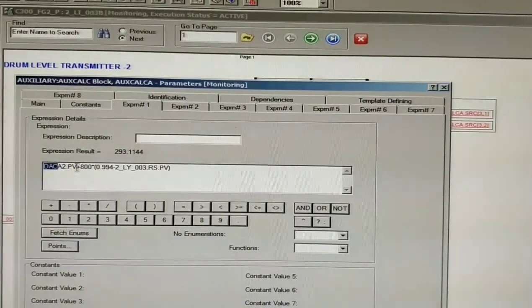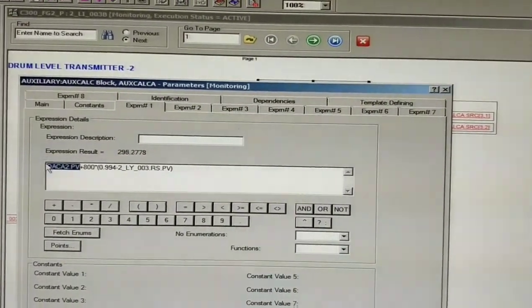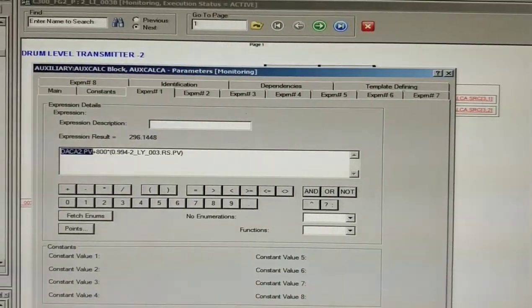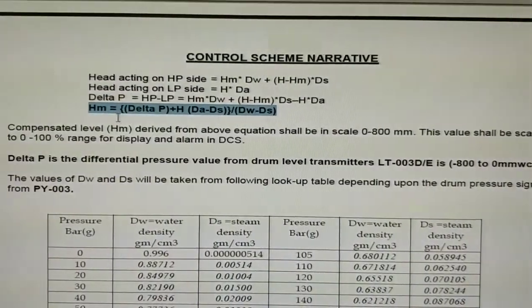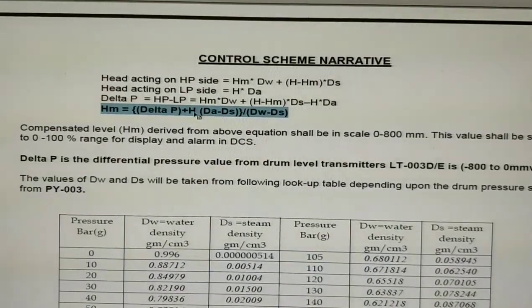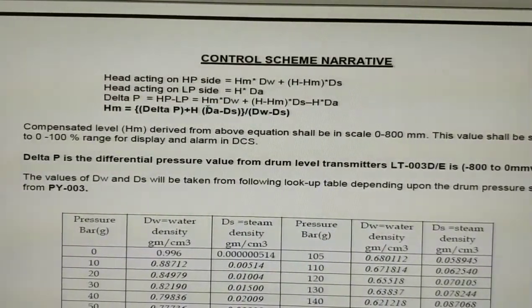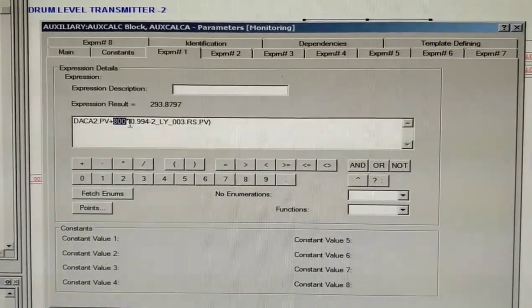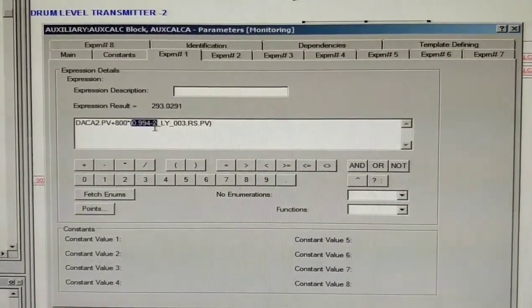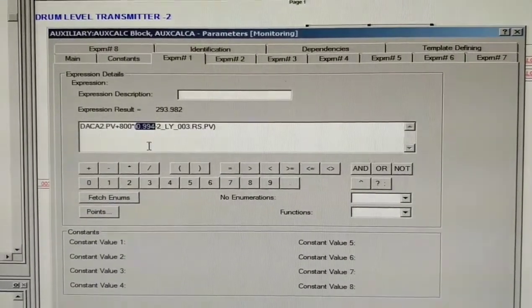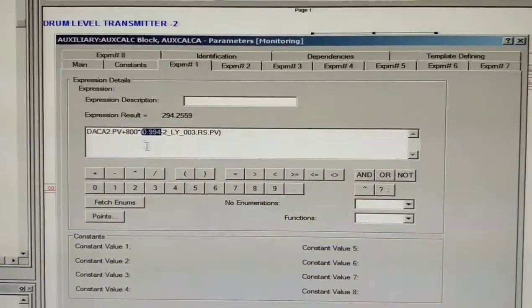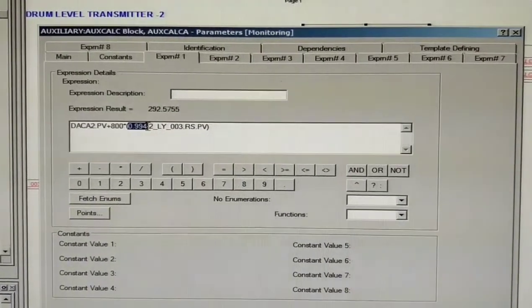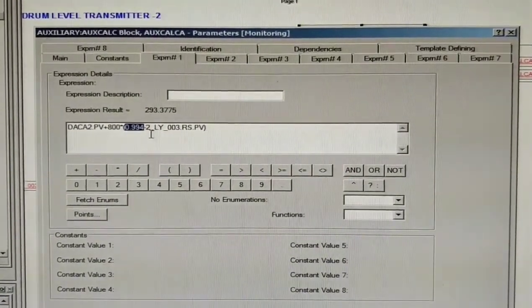this is the live non-compensated drum level from this formula: delta P plus H multiplied by dA minus ds. Here H is 800, as I have already said. dA is 0.994, the water density at ambient temperature.